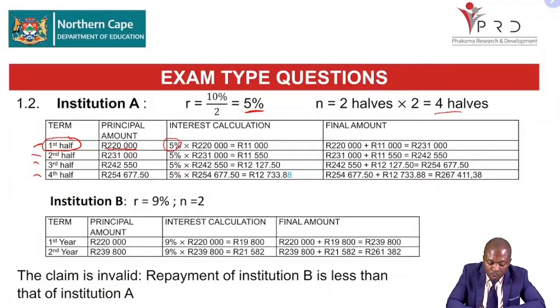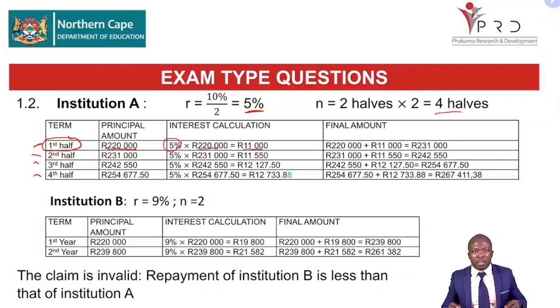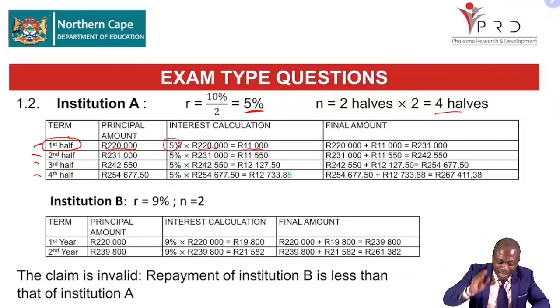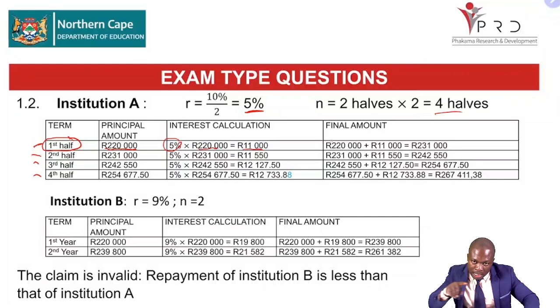And then we take 5% multiplied by the 220,000, that will give us 11,000. Can we work it together? I want to see if we can get it correctly. So you press 5, divide by 100, multiply by 220,000. That will give us 11,000. Did you get 11,000? Well done. High five to you. Okay, so what do we do now for that year to end?